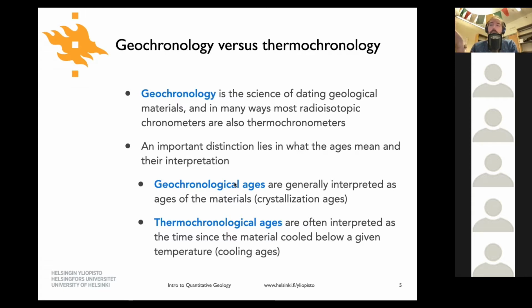A good example would be uranium decaying to lead, a typical geochronometer that might be used, for instance, in zircons. Lead is a fairly immobile daughter product, so when the decay of uranium occurs and produces lead, the lead tends to stay more or less put where it is in the crystal.